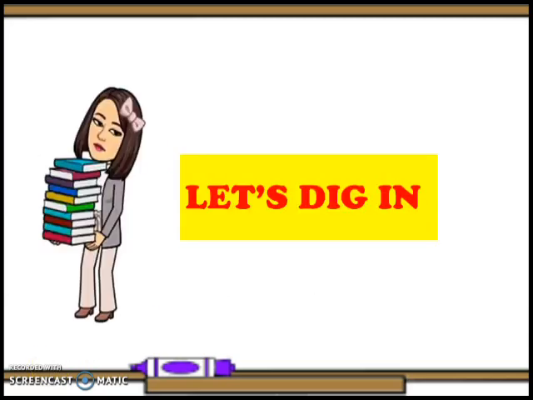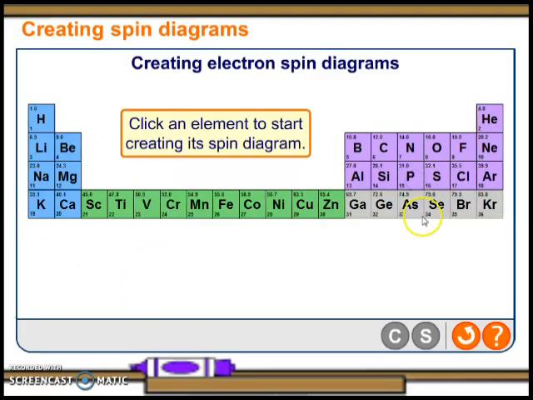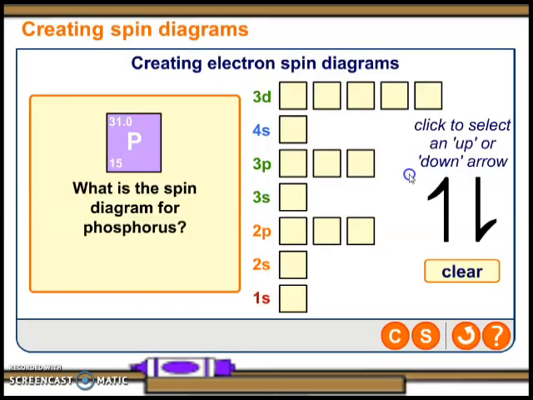Let's dig in, write the electron configuration, and show its orbital diagram. So let's have phosphorus. Create the electron spin diagram and electron configuration of phosphorus. Phosphorus has 15 electrons, so there is a maximum of 2 electrons per orbital. Electrons do not pair up within an energy sublevel or orbitals of equal energy until each orbital already has 1 electron.